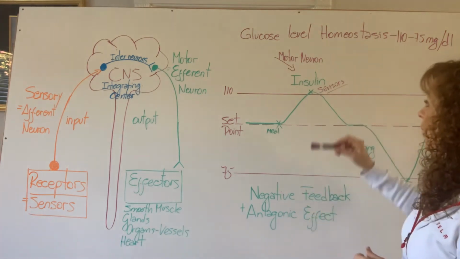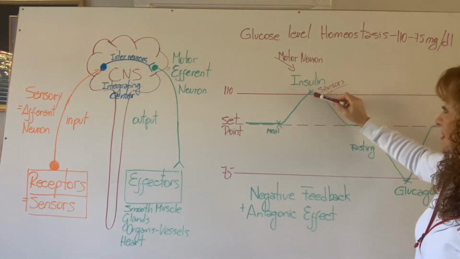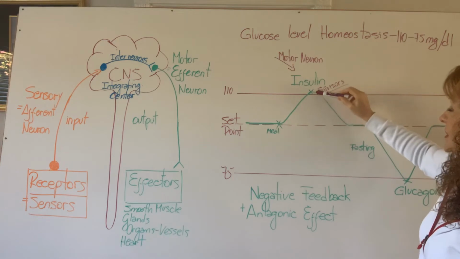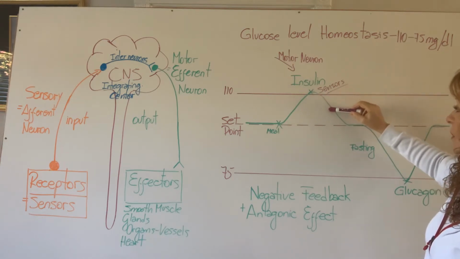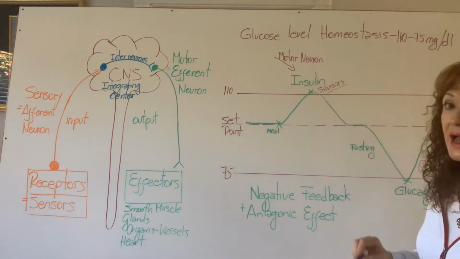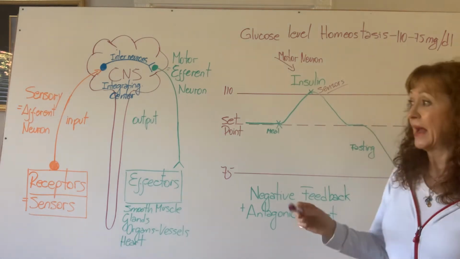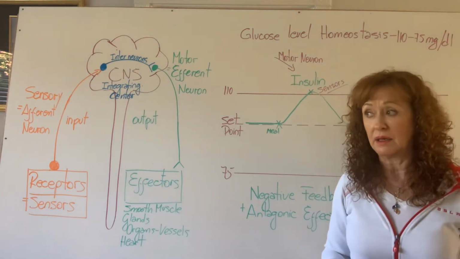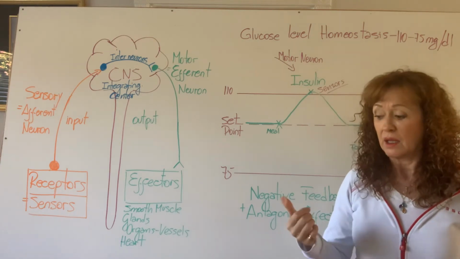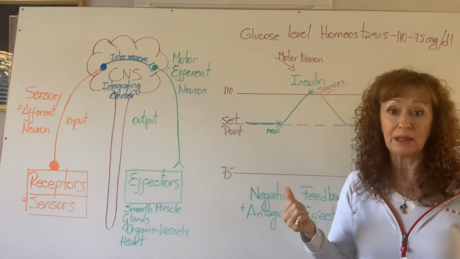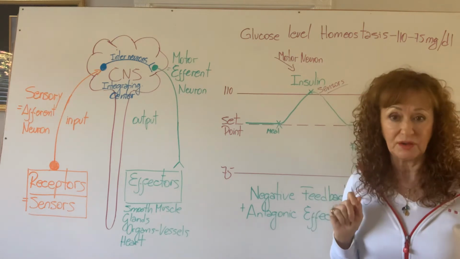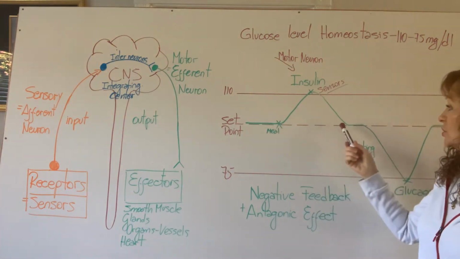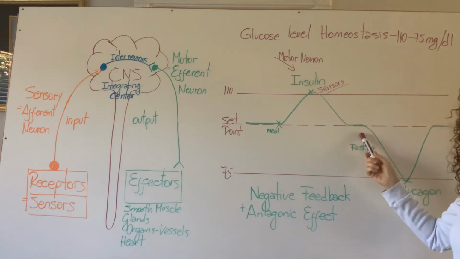Now, when insulin is released, it makes the glucose levels go down to normal. And this is the measurement that many patients take, measuring the glucose levels 2 hours after the meal. After 2 hours, the glucose level should be in the normal range, right here.